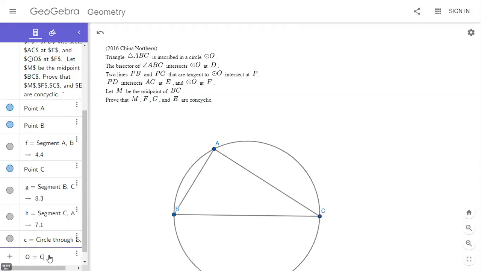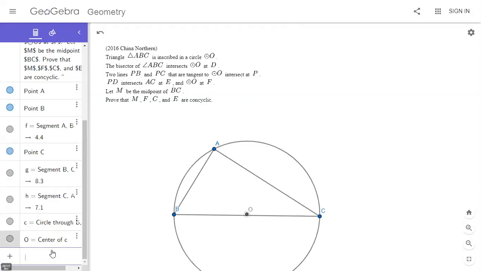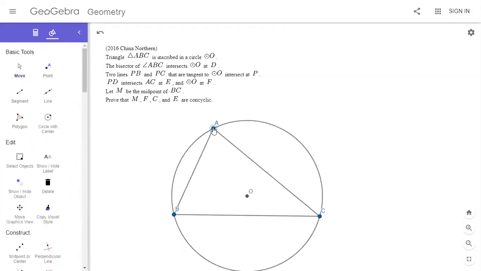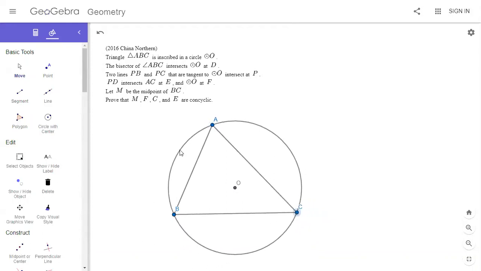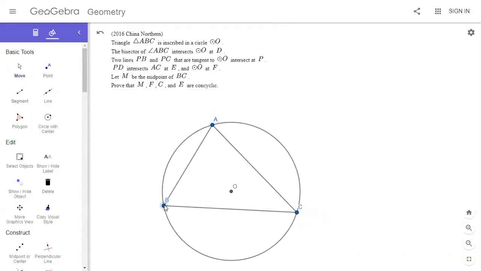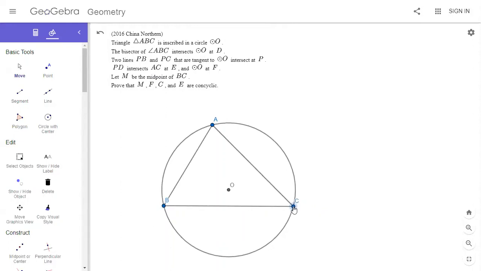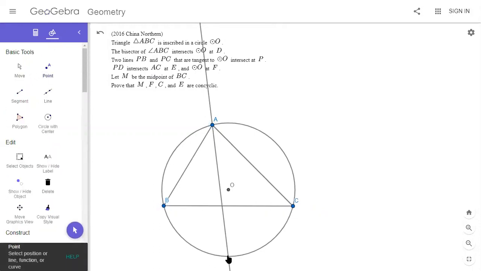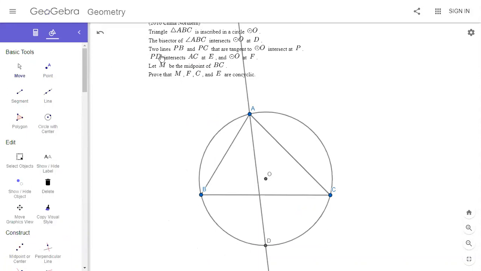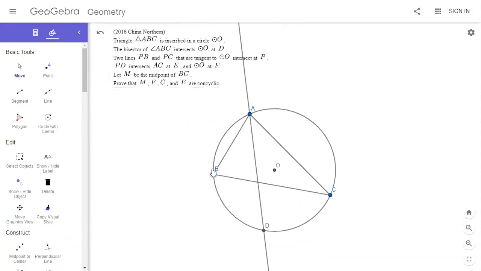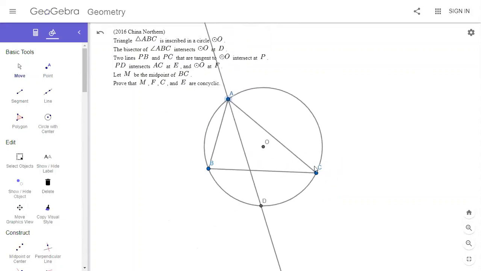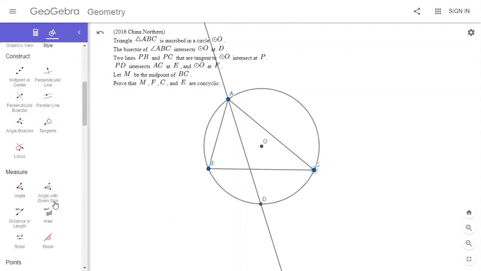So O is just center C. The bisector of ABC intersects the circle at point D. Let me move this up a little bit. My bisector. Oh, now I got to shrink it a little more again, because the tangents at B and C intersect at P. So maybe there will be some median stuff. We'll see shortly.